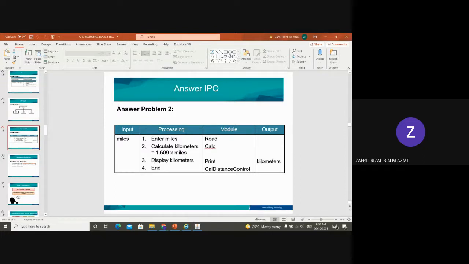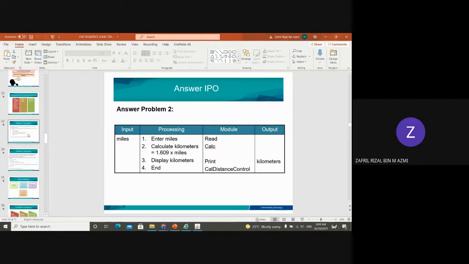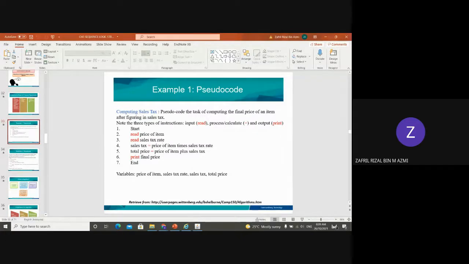Just go back to your IPO, copy all the list inside the processing column and put it in here. Something like this. So you see over here, again, I say don't get confused, those who already learned about pseudocode. This is based on this reference. Other references may have a different way to develop the pseudocode.